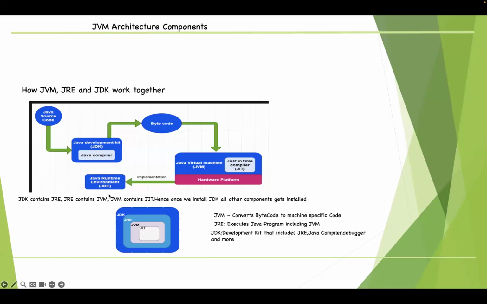This is a basic question for interns and freshers, even for experienced people, to identify what basic knowledge they have: once they write a program and execute it, how the Java Development Kit supports the execution internally. So JDK contains JRE, JRE contains JVM, JVM contains JIT. This is the flow. When you execute a program, all these flows combine, execute and generate the output.